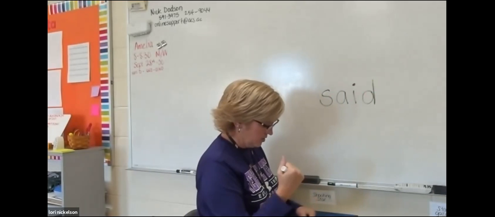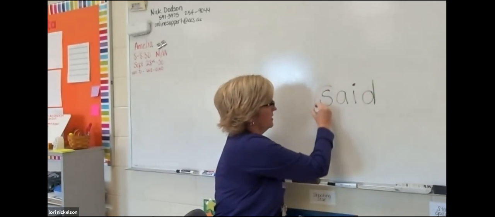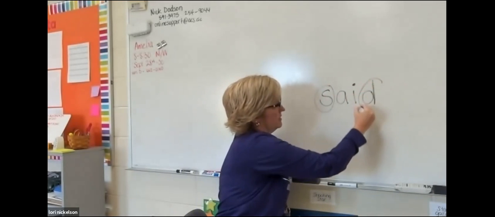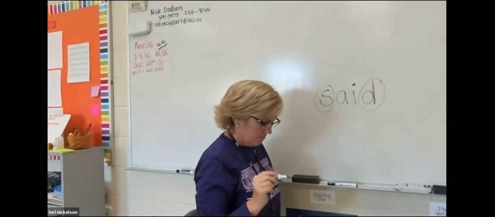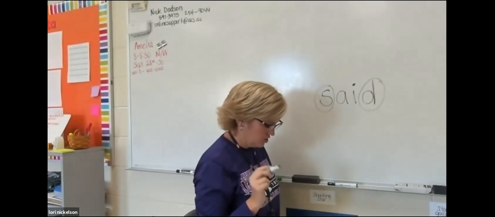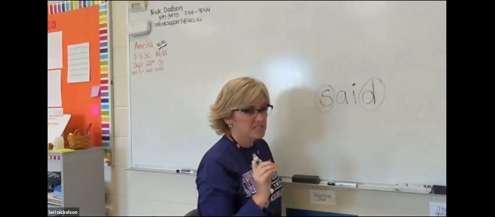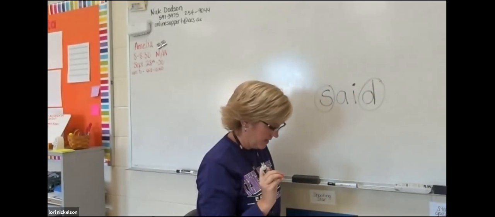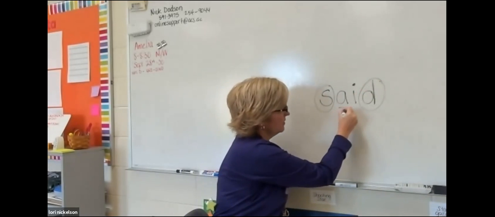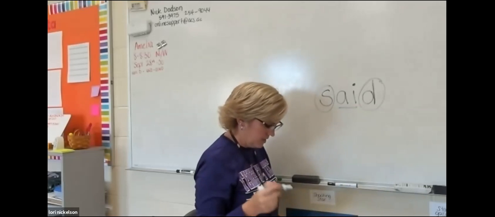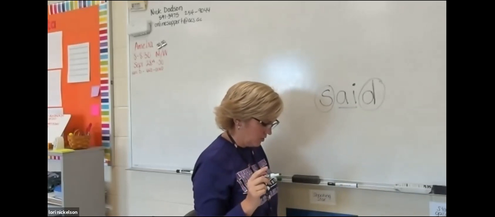Now, I'm going to circle the letters S and D, because those are pronounced just as you would expect, as S and D. All right? Now, I'm going to underline the A and the I, because these letters are the tricky part of the word.